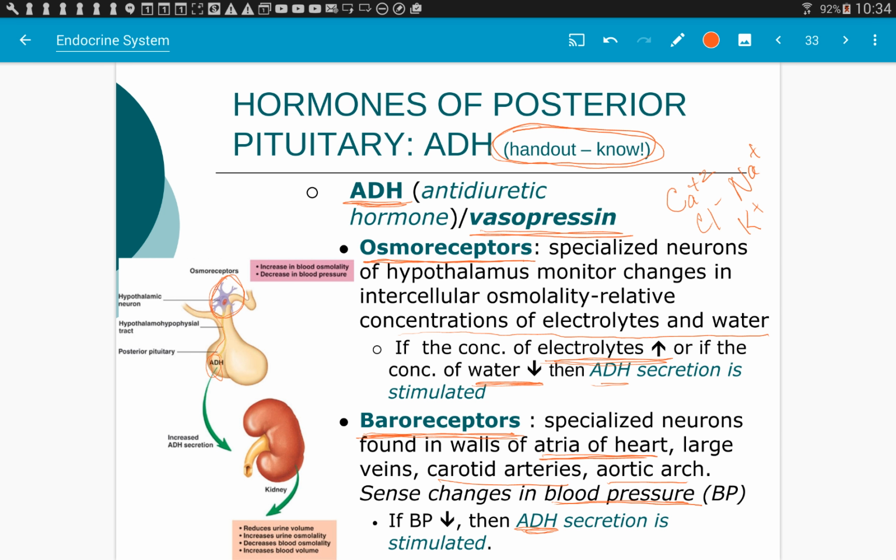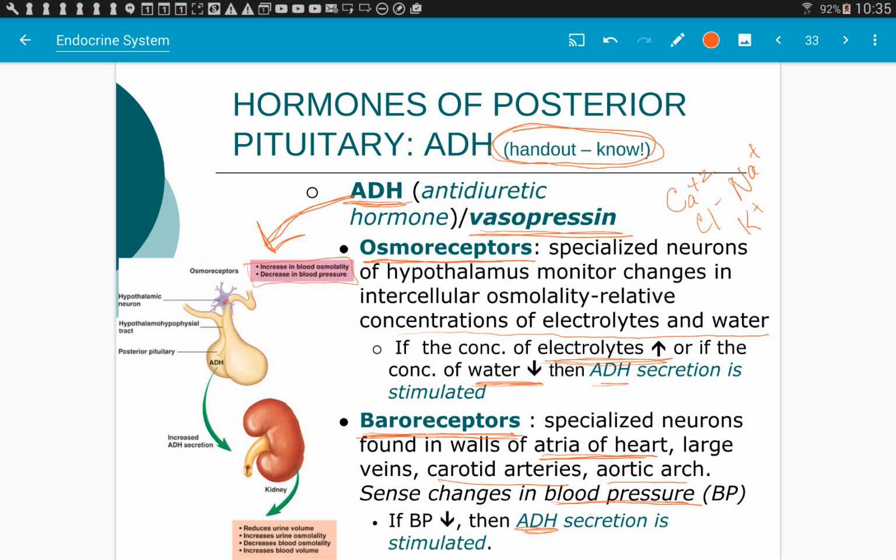Okay? So I know this one is a small picture. First of all, this is talking about antidiuretic hormone. So this picture is about antidiuretic hormone specifically. Two things trigger antidiuretic hormone to be released from your posterior pituitary. And so in this nice little purple box, it says it nice and summarized.